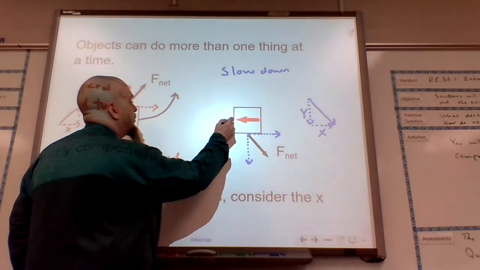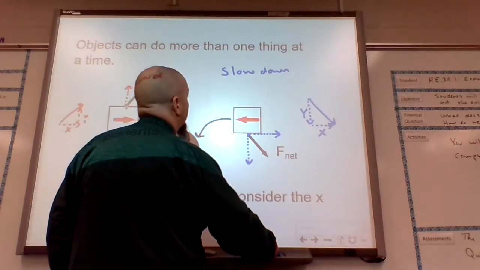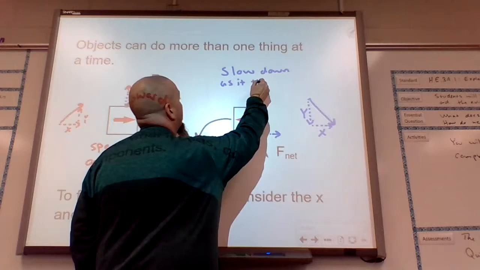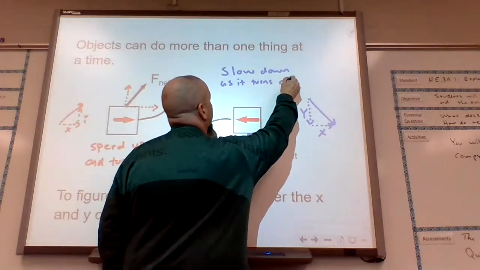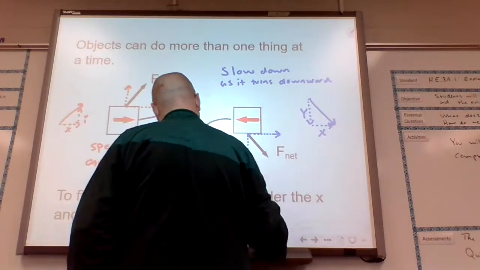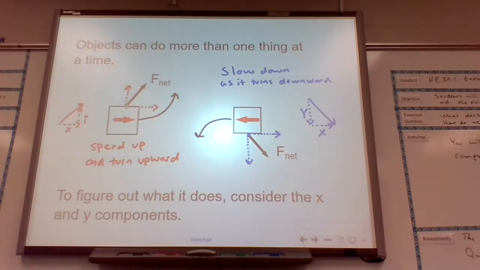So it is going to turn this way at the same time. So it's going to slow down as it turns downward. Again, they'll never speed up and slow down at the same time, but they can speed up and turn or slow down and turn whenever you have one of these angled vectors.